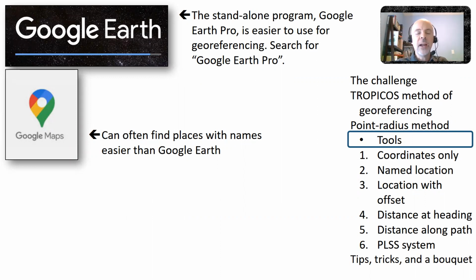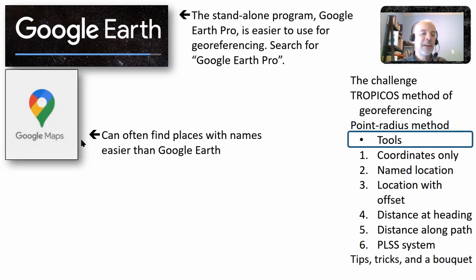However, I have not been able to figure out how to upload into that version of Google Earth a KML file. And a KML file is kind of like Google's version of a shapefile. So rather, I'm pointing you toward a standalone program. It's free. You can download it. It'll install on a Mac or on a PC, called Google Earth Pro, and we'll be using that.